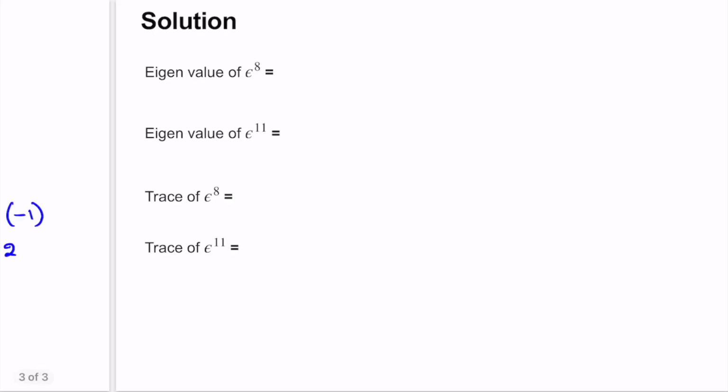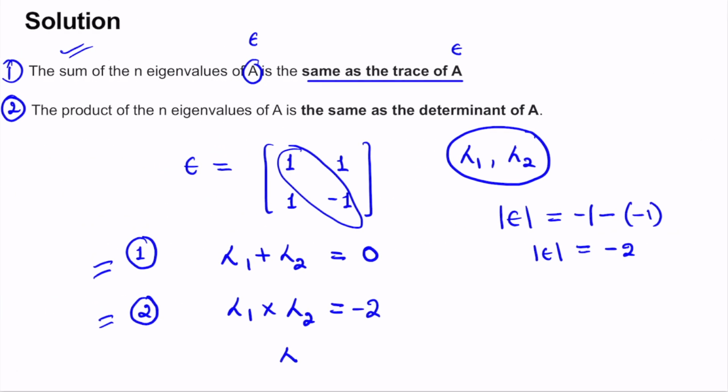So from this we get the value of lambda 1 by solving 1 and 2. We got lambda 1 as root 2 and lambda 2 as minus root 2. So these are the eigenvalues for this matrix.